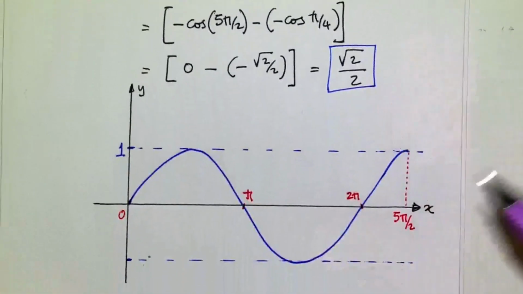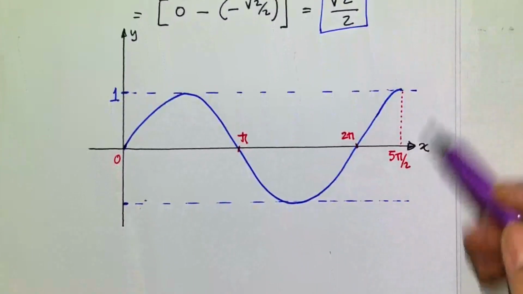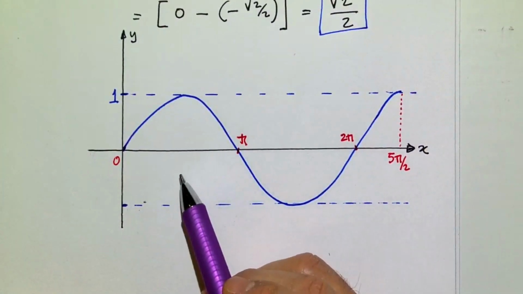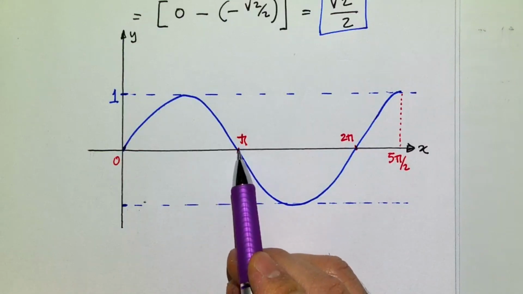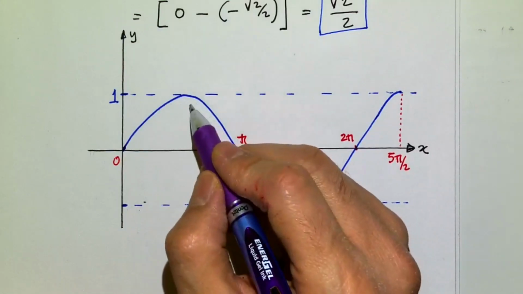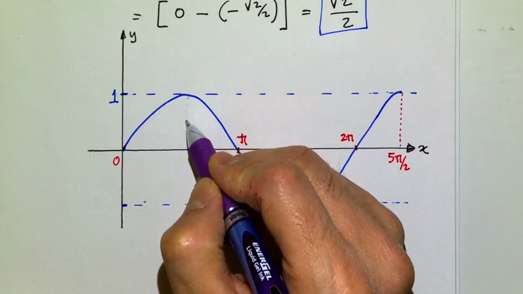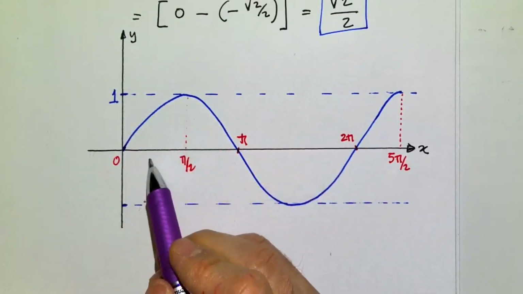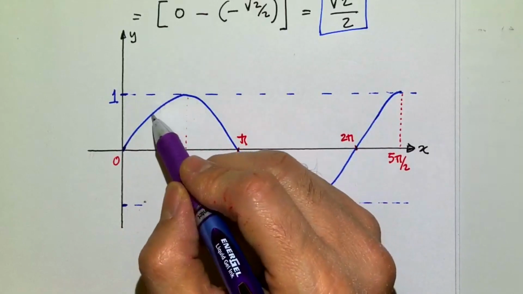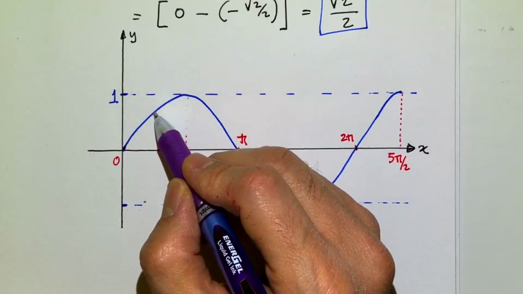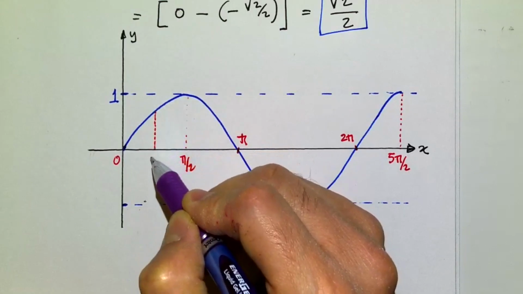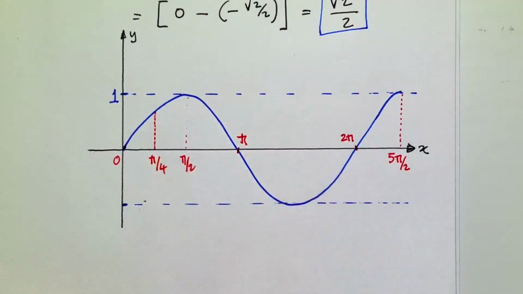We already know where 5 pi over 2 is, right? So where is pi over 4? Well, if this is pi, then this would be pi over 2 right here. But the lower limit of our integral is pi over 4. So that would be roughly here. So this is pi over 4.